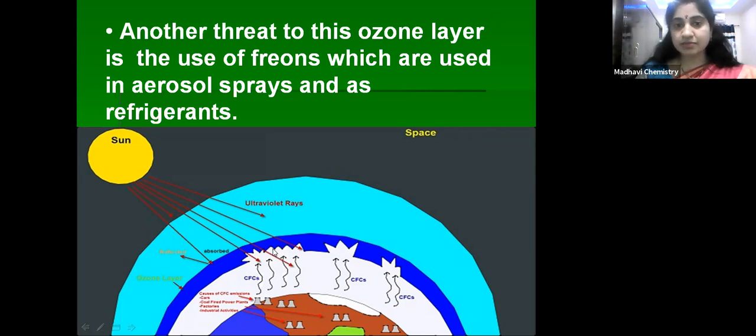All these things we know, children. That's why ozone is very important, because it protects us from harmful UV radiations. So we should be very careful. The usage of these fluorochlorocarbons should be reduced or avoided, right?